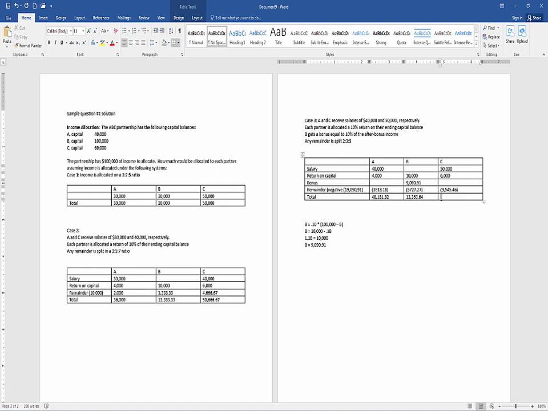And finally, partner C, $56,000 of positive allocations minus $9,545.45 nets out to $46,454.54. Recall we had $100,000 to allocate. If we add these three numbers up, we should find they add up to $100,000, which they do. Okay, so that's finishing up number 2.